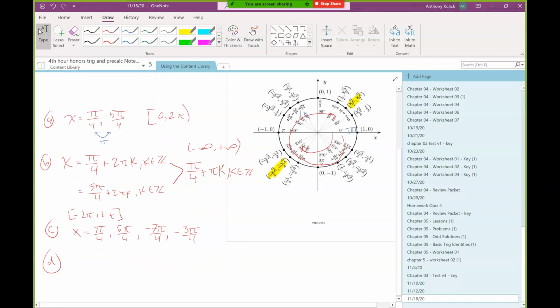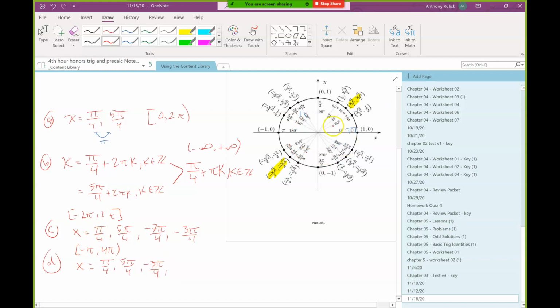And then for part D, our interval is negative pi to 4 pi. So I know that my answers from 0 to 2 pi will still be answers for D. I know some of my answers from negative 2 pi to 0 will be answers for D. Negative 7 pi over 4 is less than negative pi, so that one won't work. But negative 3 pi over 4 is bigger than negative pi, so that one I should keep.